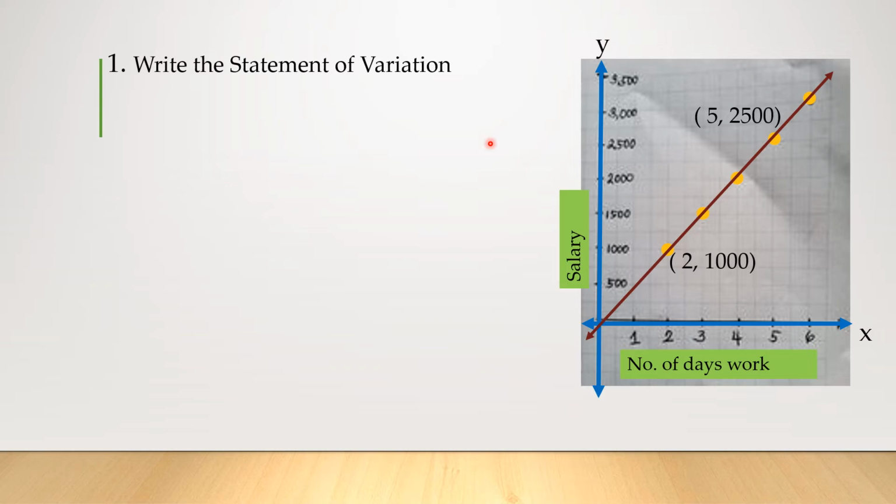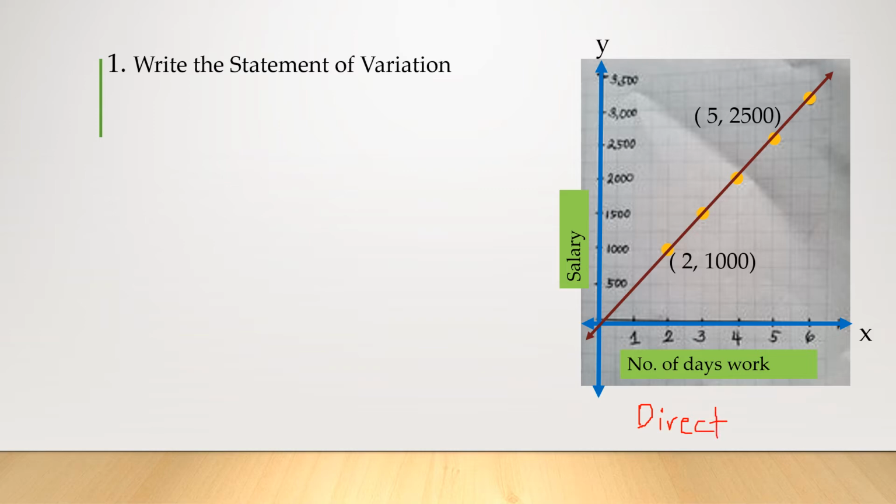That is direct variation. So since we identified already that this is direct variation, that's very important: first, you need to identify from the graph what kind of variation it is.